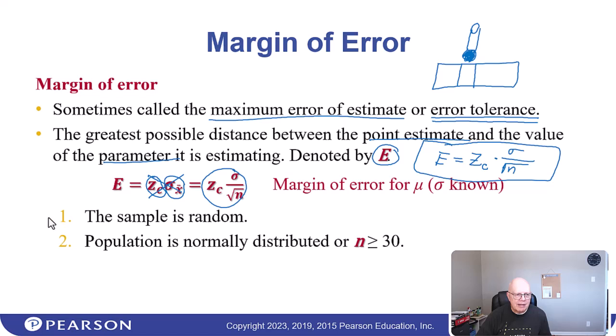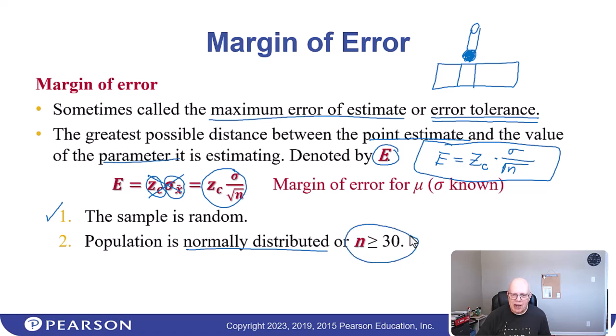Remember though, the sample has to be random, otherwise it'll be biased. Second, it has to be either normally distributed, which you might find from your history notes, so to speak, or if it's not normally distributed, here's the other possibility.